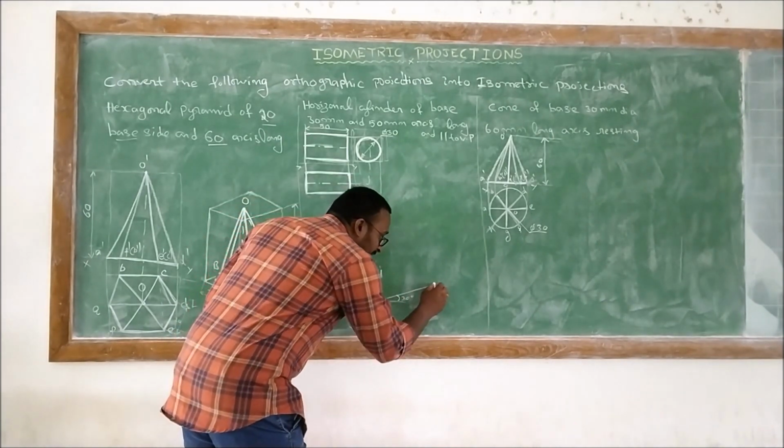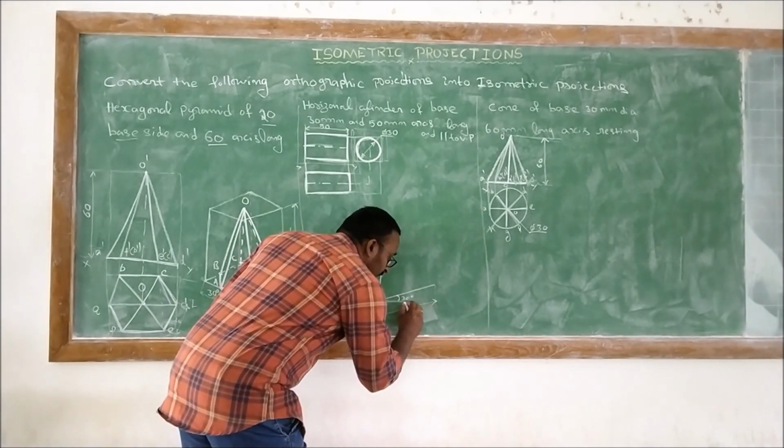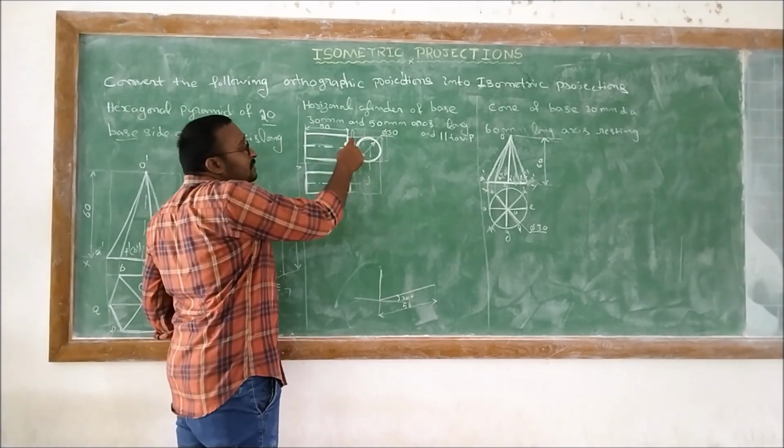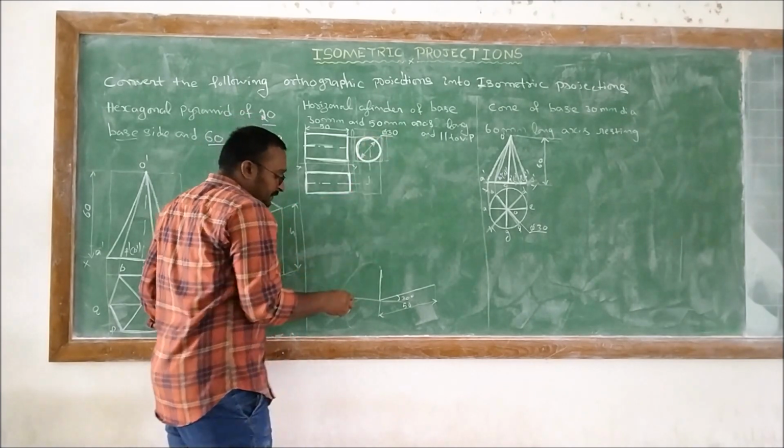Right? So here to here it is 50 and here to here it is 30 mm. Then the side view consists of a square of 30. So here the square of 30.